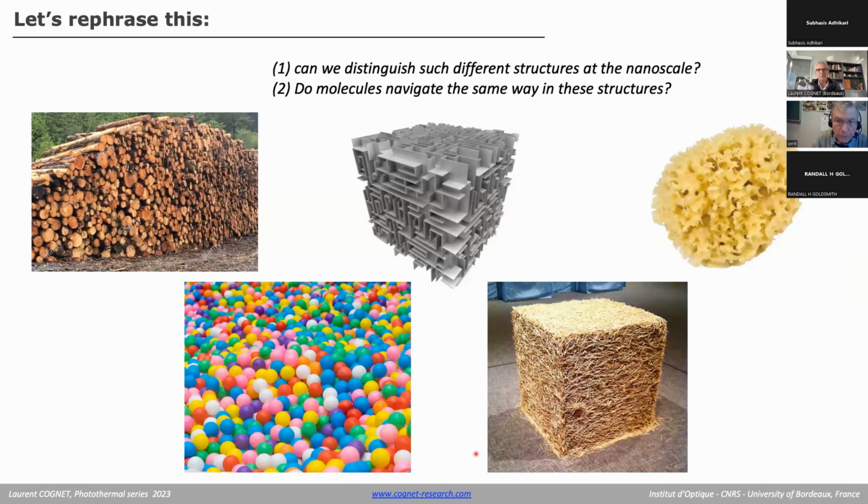So if I want to rephrase that in a very simplified picture, the question that we have is: is the brain extracellular space organized in structures at the nanoscale, and how do molecules navigate in such structures at these levels?